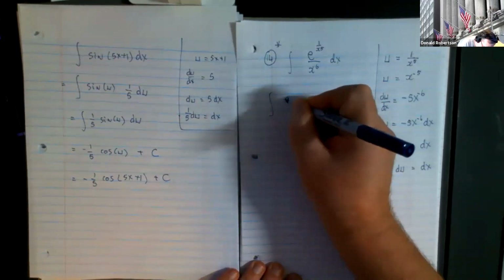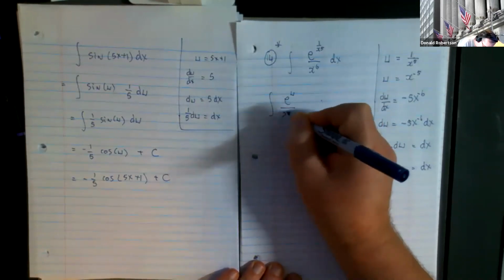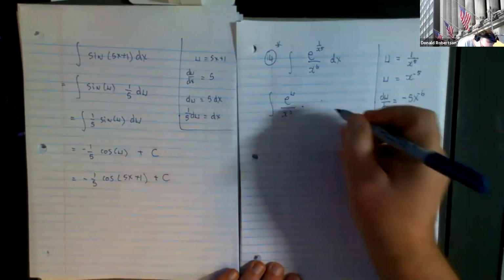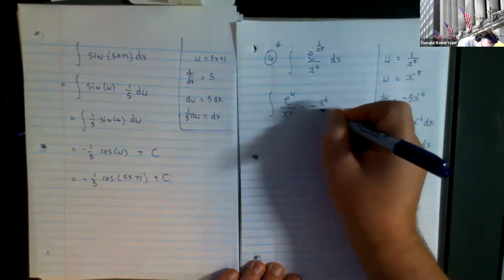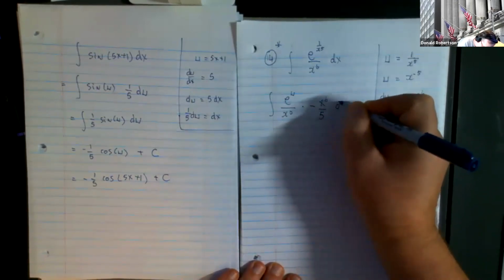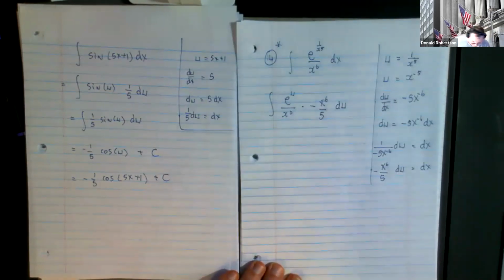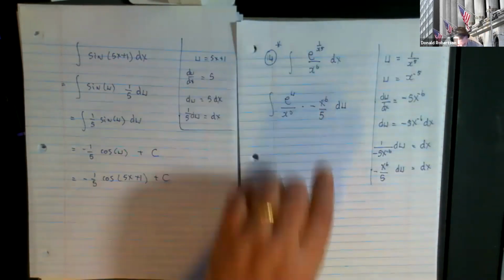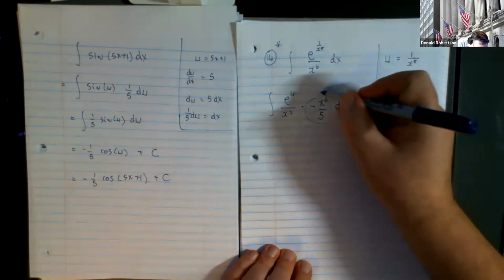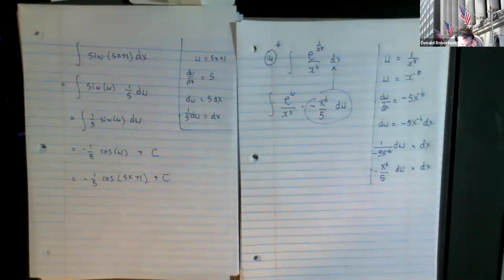So, e to the u over x to the 6 times negative x to the 6 over 5 du. This here was dx.